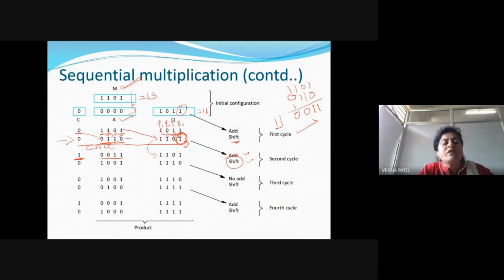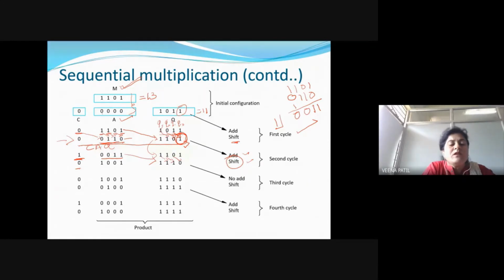Now after performing addition, it is going to perform shift. Now shift CAQ by 1 bit position towards right. Once you shift the bits, you will get the new value of CAQ as C is 0.